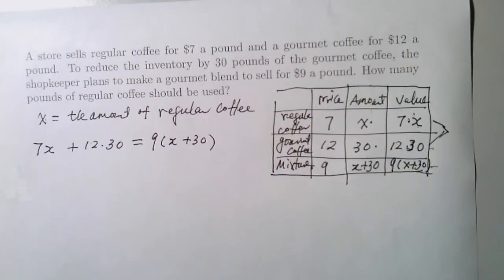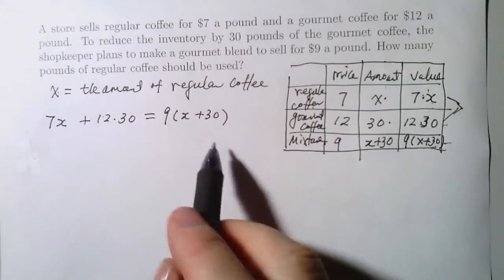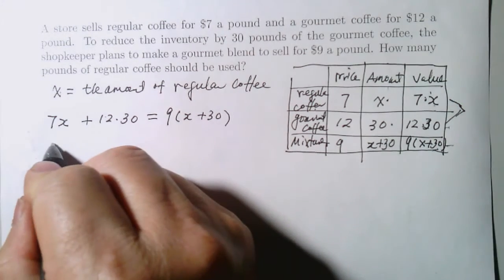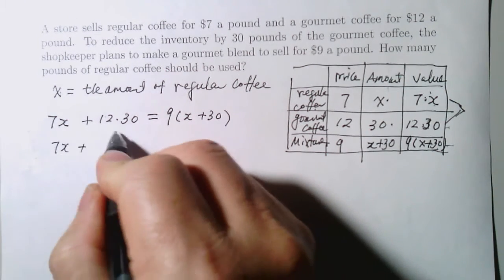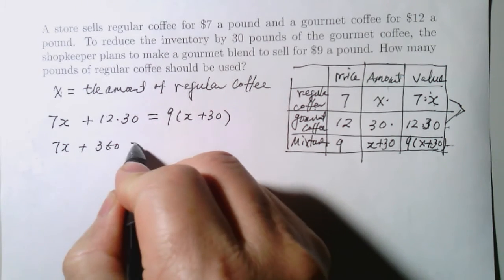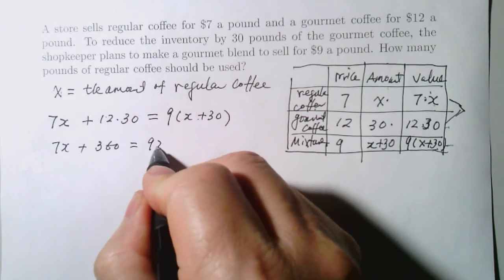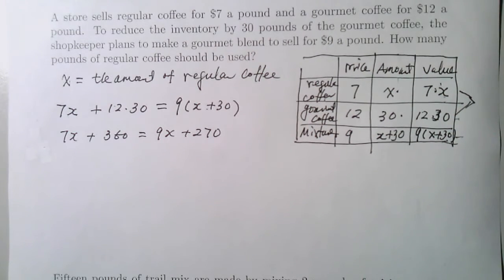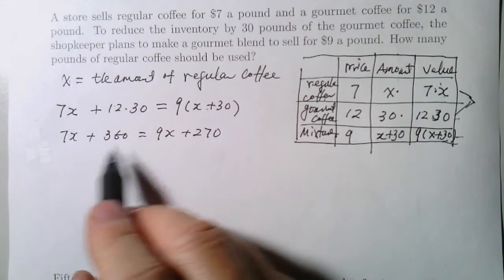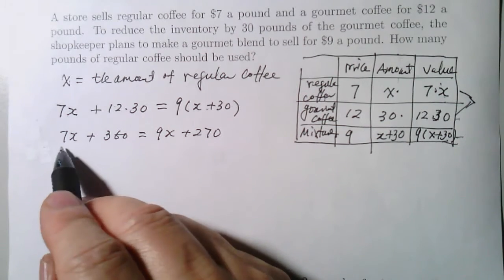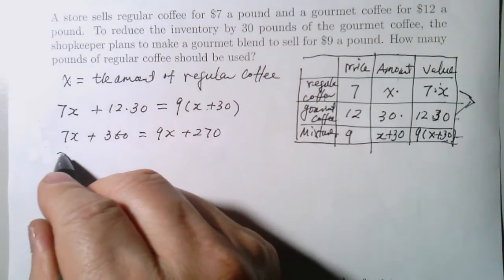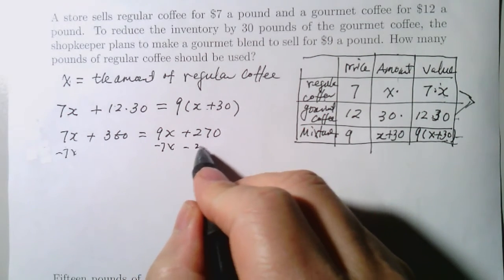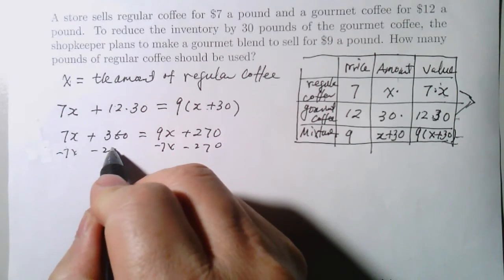So now we have a linear equation. All we need to do is solve this linear equation. Let's go ahead and simplify with the distribution. Now let's subtract 7x from both sides and subtract 270 from both sides.